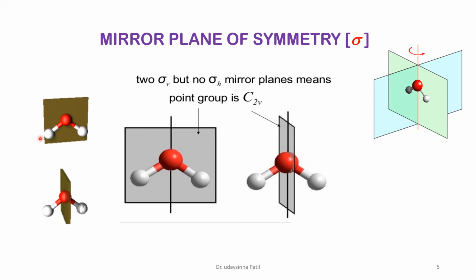Here we consider the blackboard as the plane, and here is our H2O molecule, V shape, bent shape, HOH, and we exactly cut the molecule in this way, passing the plane through oxygen. Half part of the HOH is in front of us and half part is behind the plane, and they are mirror images of each other.